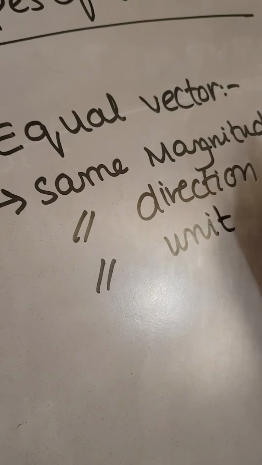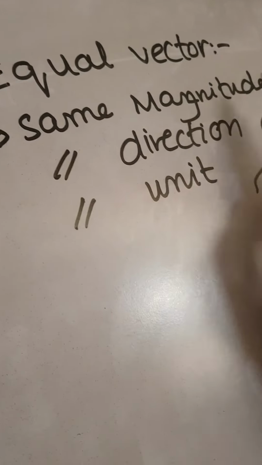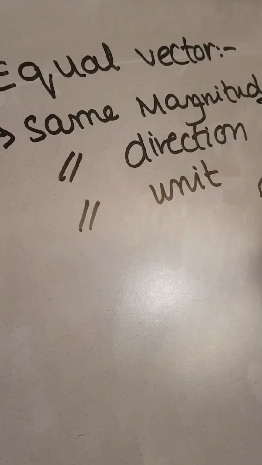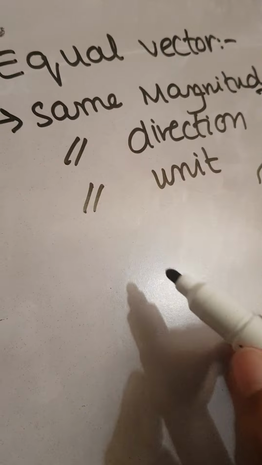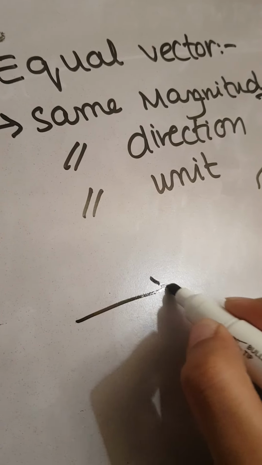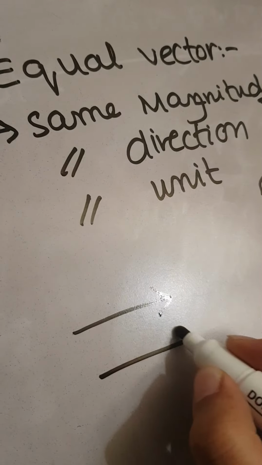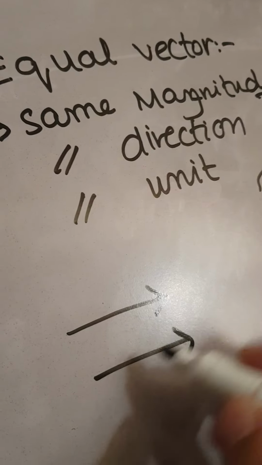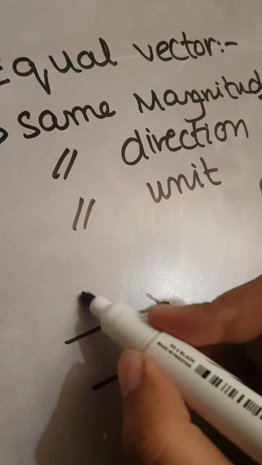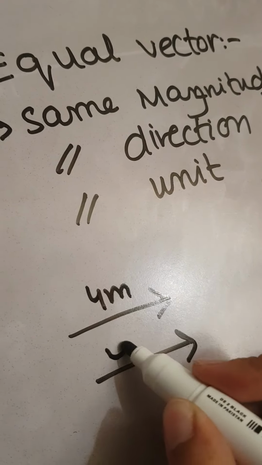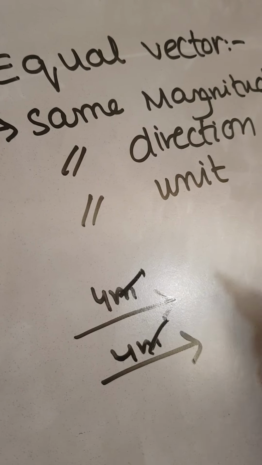It is known as an equal vector because we have equal magnitude, direction and unit. For example, we have two vectors and they both have the same direction and the same magnitude, and we have the same units too.